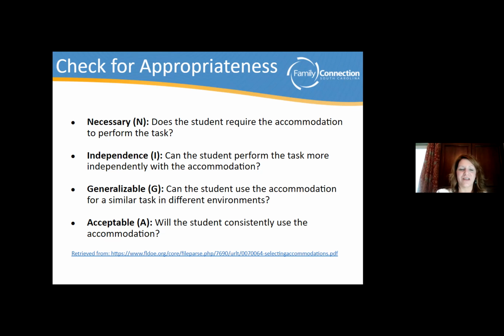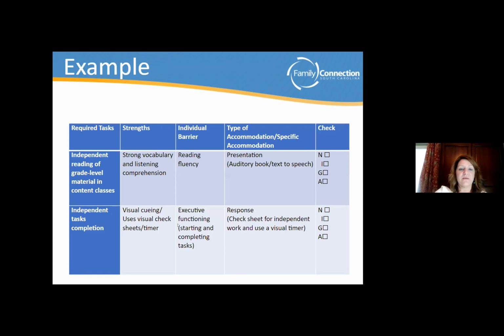We'll talk about teaching in the next few slides, but really understanding: will the student consistently use the accommodation? What's their comfort level with that? And do they understand how to do it? All these things are categories on one of your handouts, the accommodation worksheet, as you go through and do the assessment part and figure out if the accommodations are appropriate.